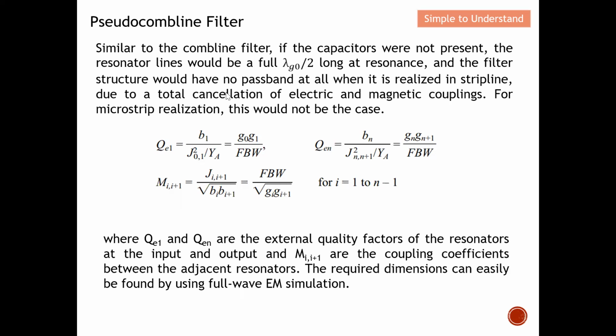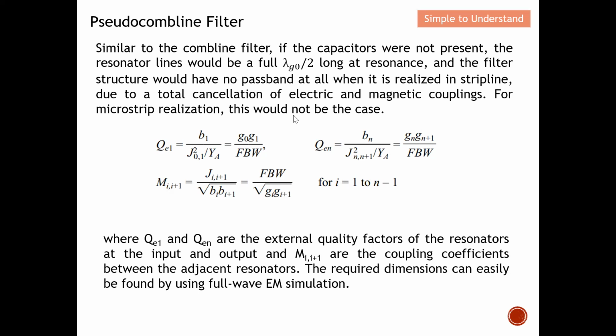However, for microstrip realization, this will not be the case, which means that for microstrip design, you still have the bandpass filter. As I explained earlier on the Combline filter, if we fulfill this design on the microstrip line, then we still have this so-called bandpass filter.